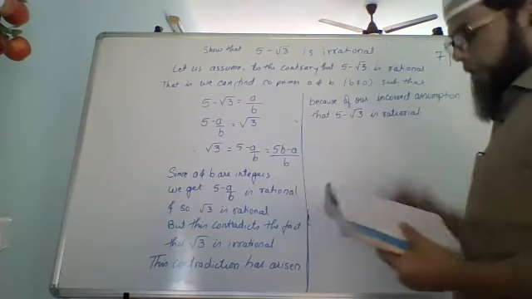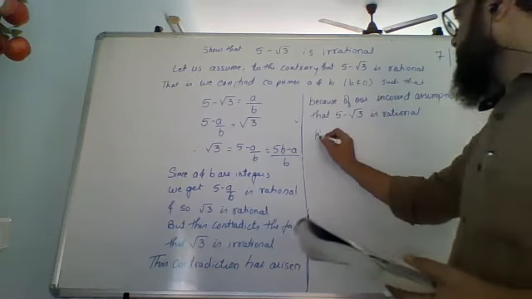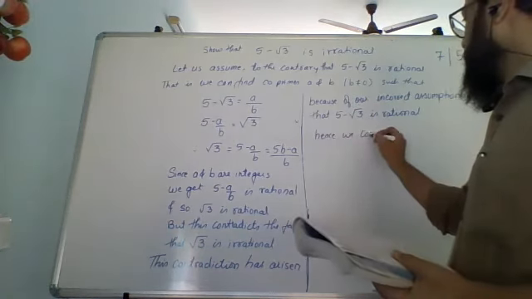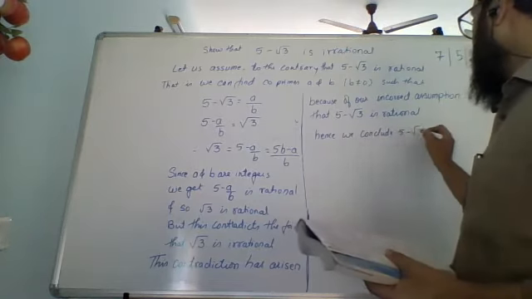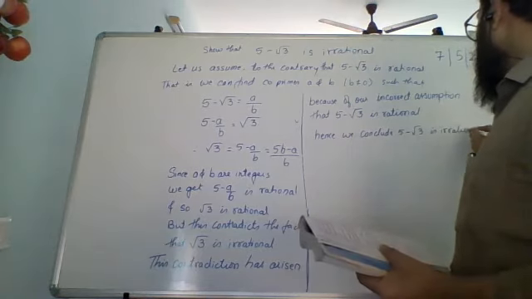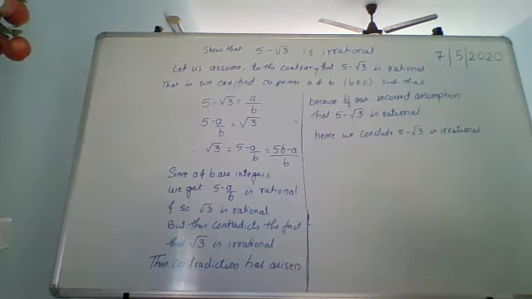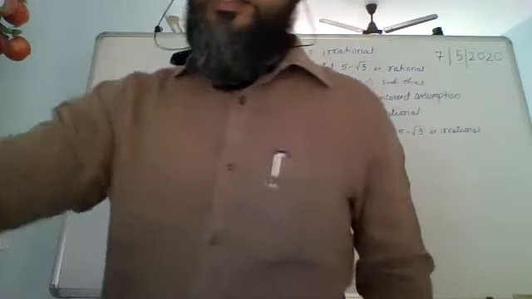That is an incorrect assumption. Hence, we conclude 5 minus root 3 is irrational. Capital here.